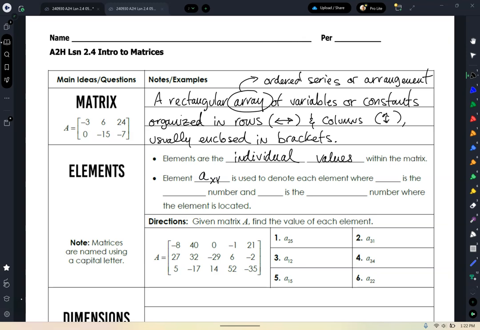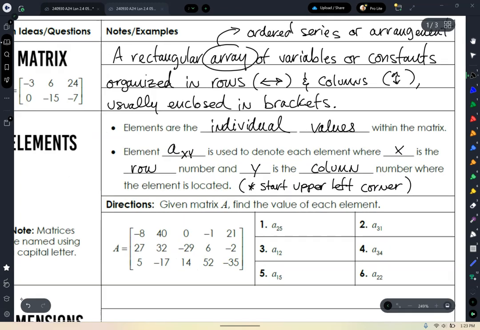And we use this to denote where x is going to be the row number and y is going to be the column number. We always start at the upper left-hand corner when we're counting rows and columns. If you want to make a note of that, we can say start upper left corner of our matrix. So this is how we can identify specific elements within a matrix, okay?